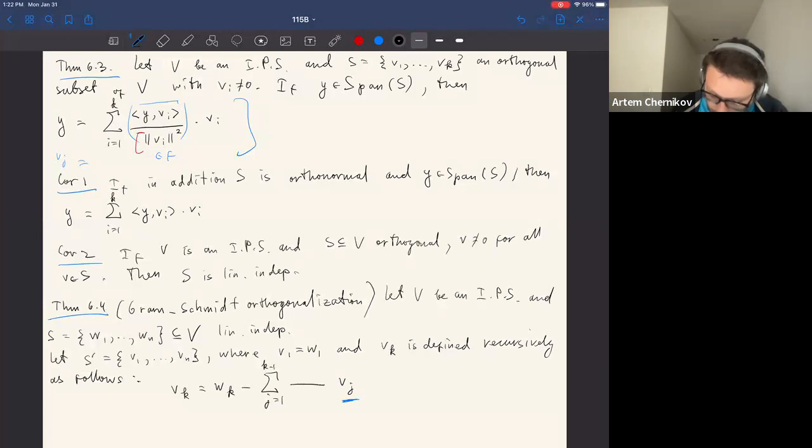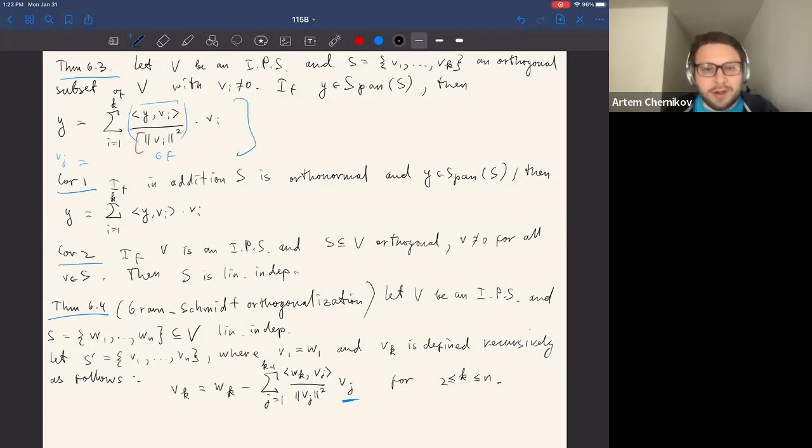And the coordinates are going to be given as follows. So we look at the inner product of Wk with Vj, and we divide it by the norm Vj squared. Okay. So we define it like this for all k between 2 and n. So you see this is a recursive formula.